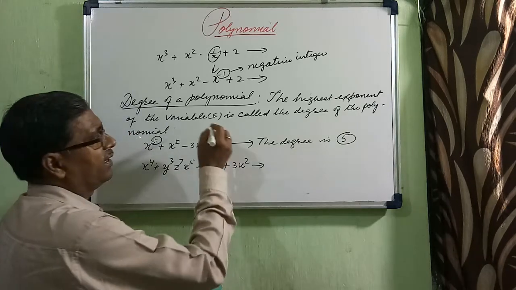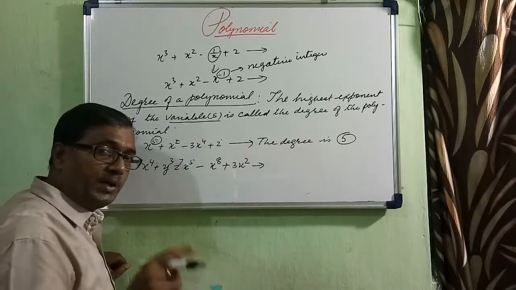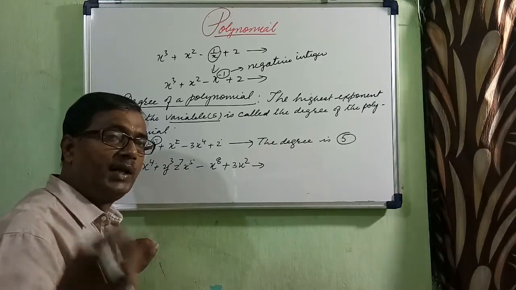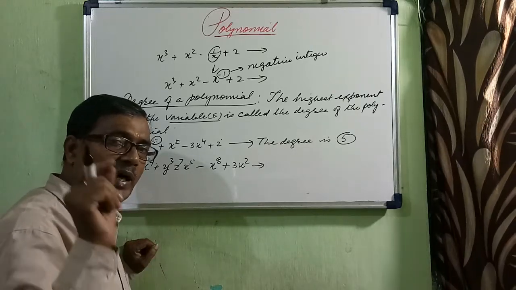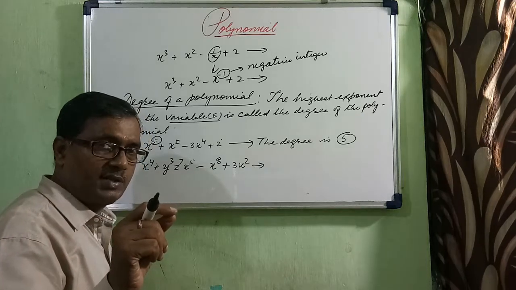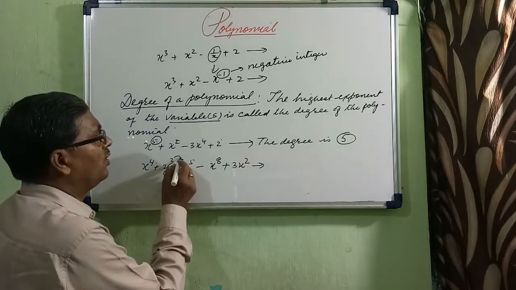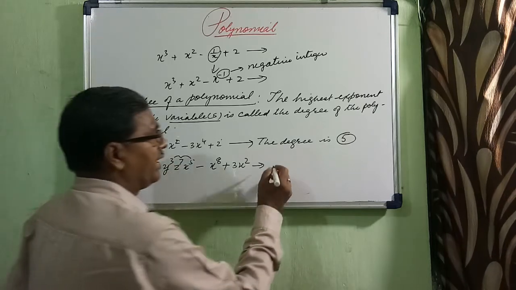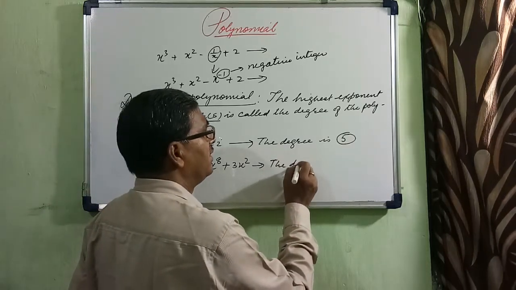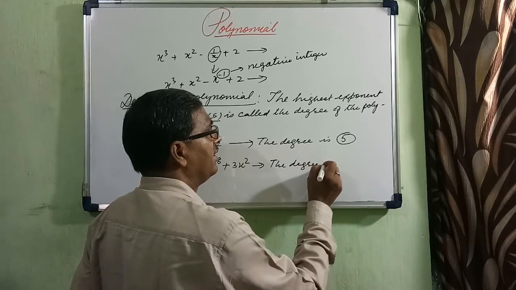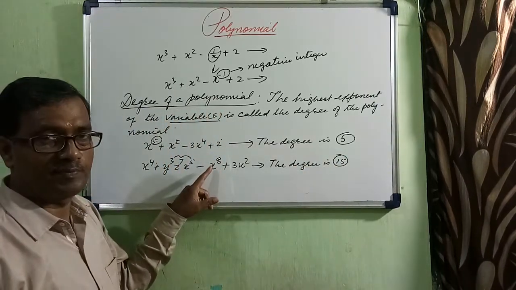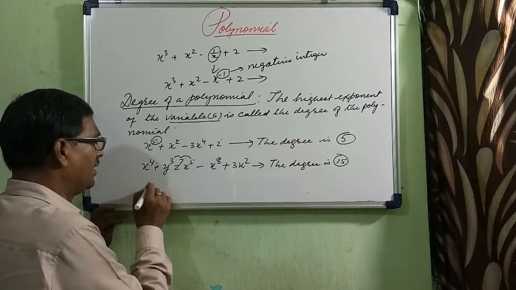You might have seen here variable or variables. If a term contains more than one variable, then we have to consider all the exponents. That means we will add all these exponents, 7 plus 3 plus 5, equals 15. So the degree will be 15, not 8.